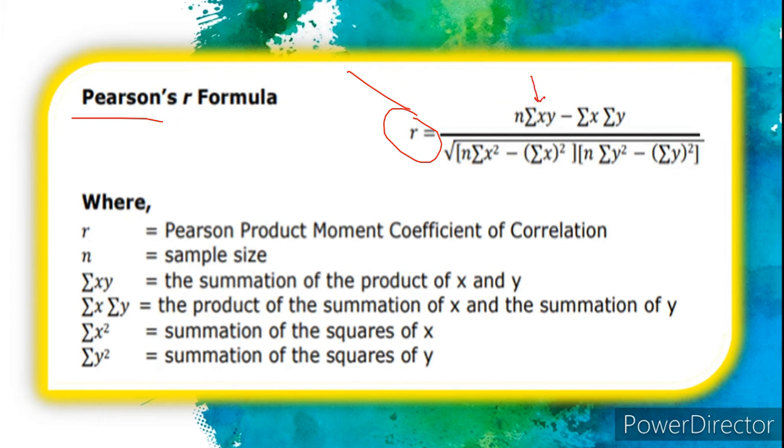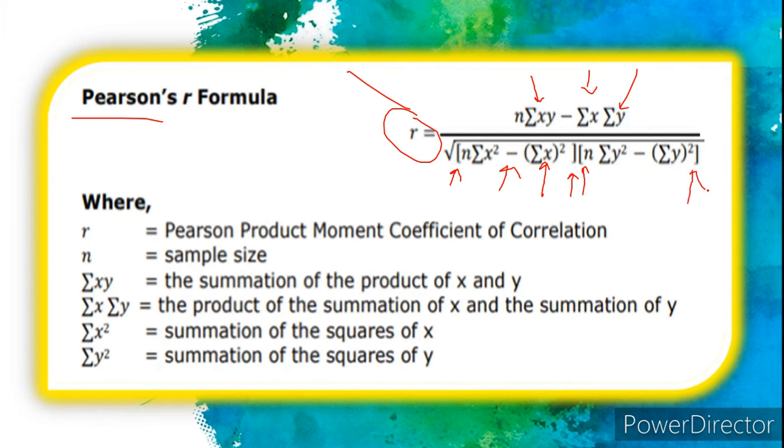Then this is our sigma: n times the summation of xy minus the summation of x times the summation of y, all over the square root, na nasa denominator lang, of the quantity n times summation of x squared minus quantity summation of x, squared, times the quantity n times summation of y squared minus quantity summation of y, squared.